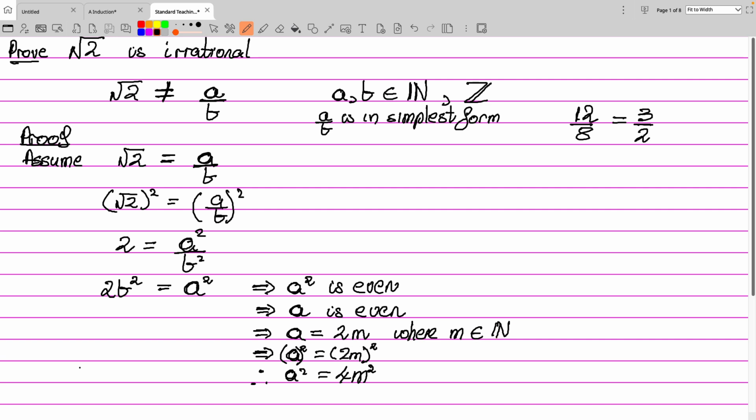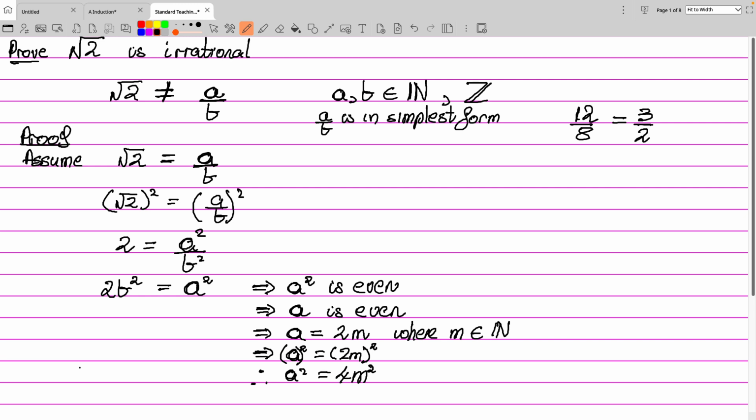That's very important. m can't be a decimal. To be an even number, it's double an ordinary number, a counting number, or a Z number. You won't lose marks for calling it a natural number.